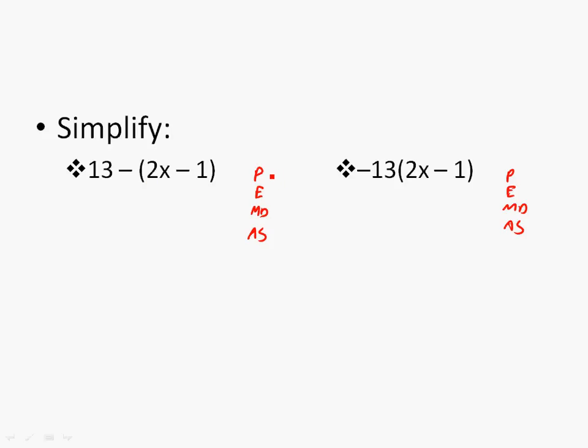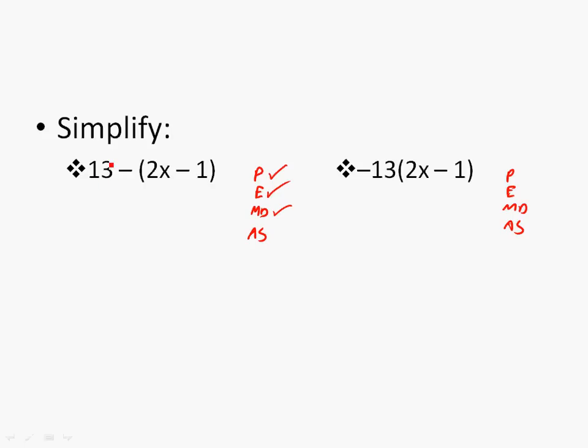No exponents. Multiply and divide. Notice here, this minus sign is touching the parentheses, but the 13 is separated from it. So the 13 is this whole separate term. It's not going to get distributed.